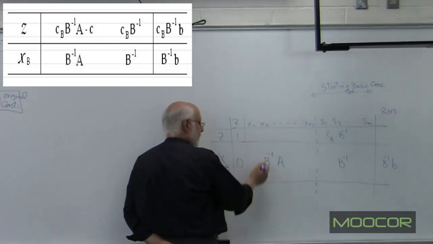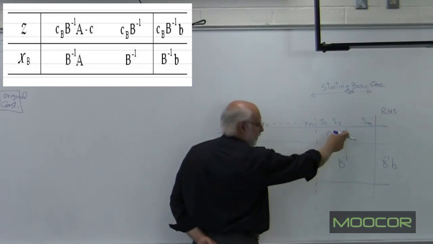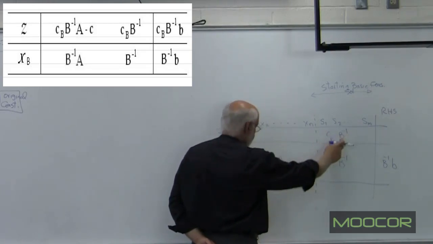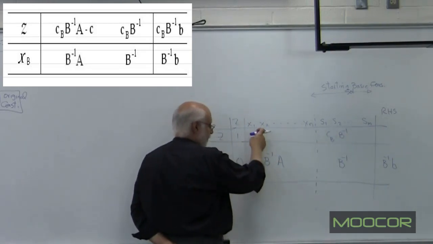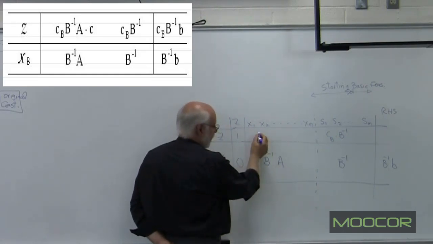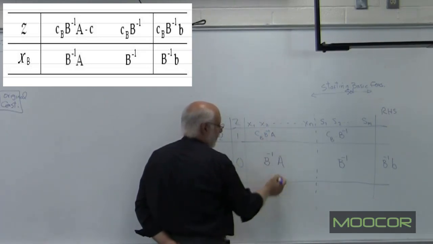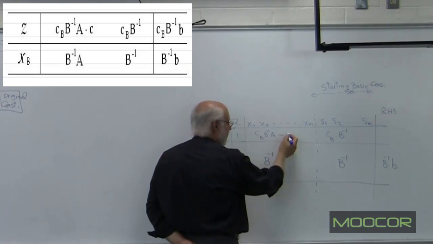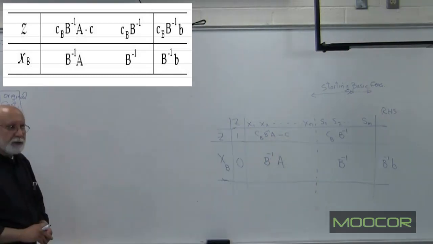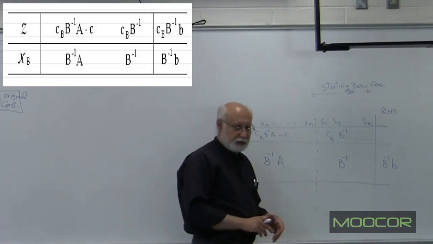In here, I will have CB times B inverse is what I have here. In here, I would have CB times B inverse A, CB, B inverse A, minus C. So simplex tableau structure is this.